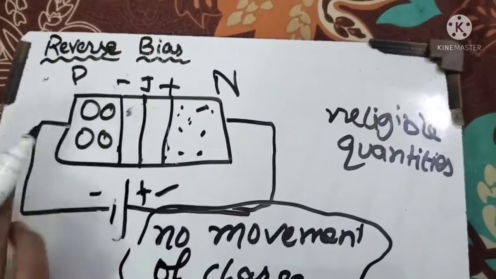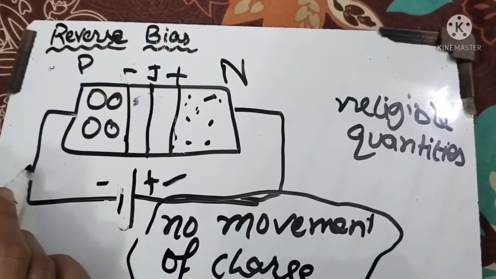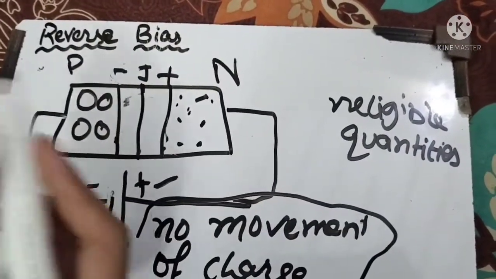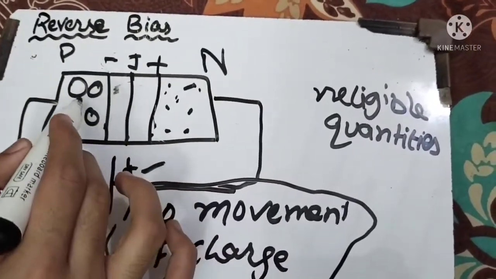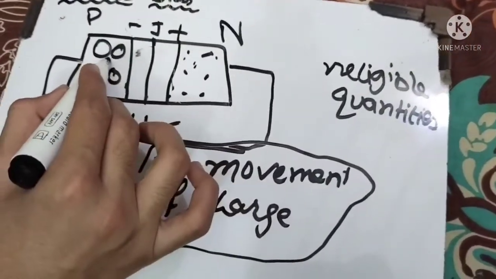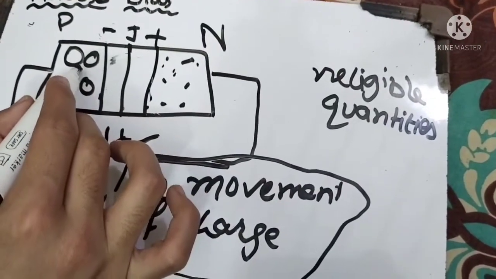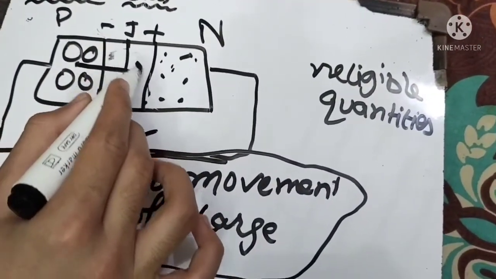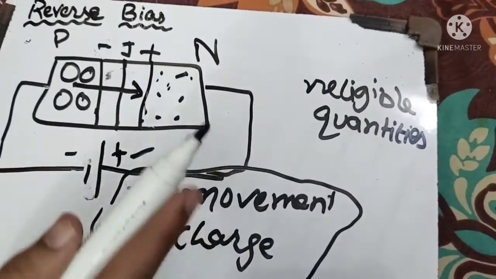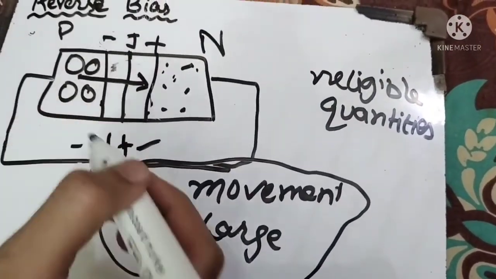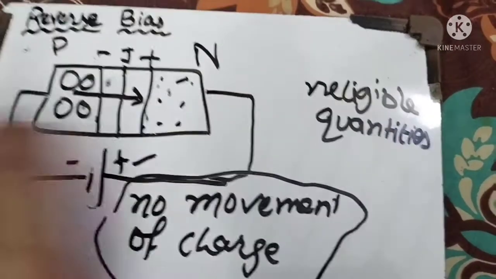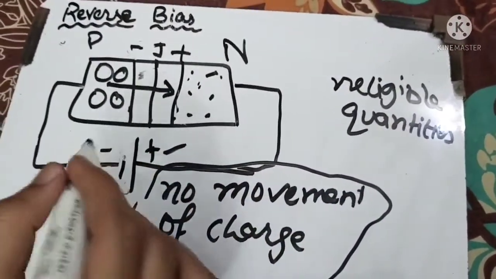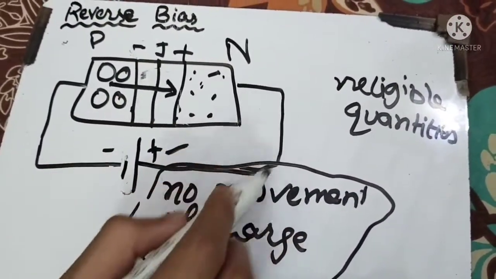Holes are majority charges, or we can say that holes are more than the free electrons. So there will be some free electrons in the p-type semiconductor which have kinetic energy and will move from p-type to n-type semiconductor, but they do not have enough kinetic energy to pass through this depletion layer. But if they have, they will pass through.